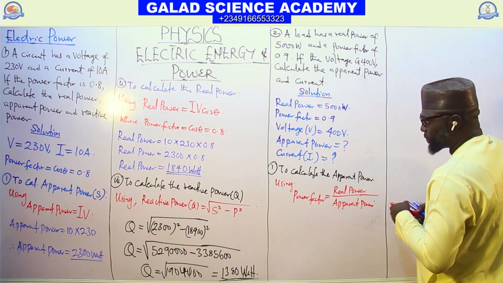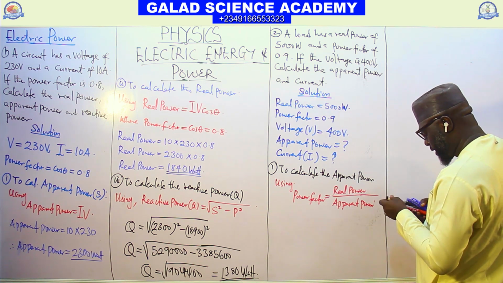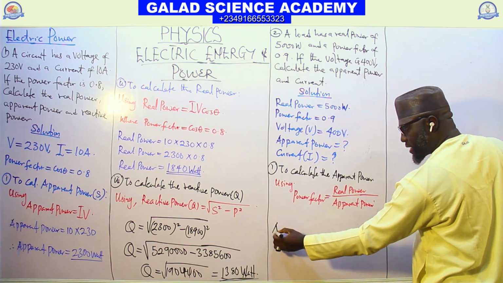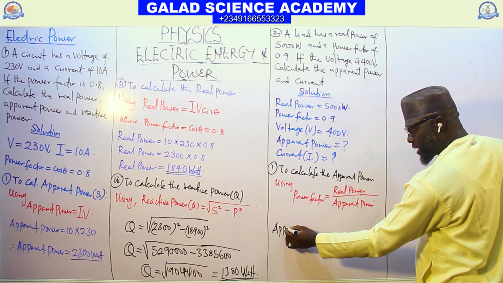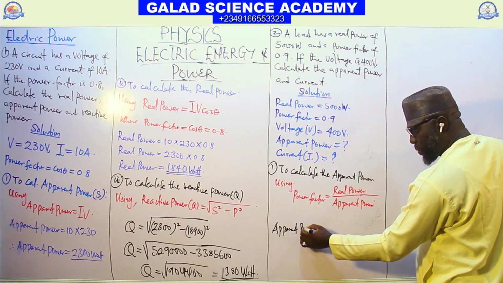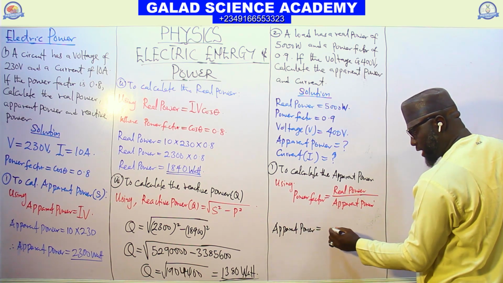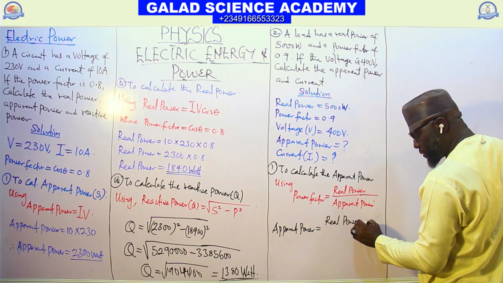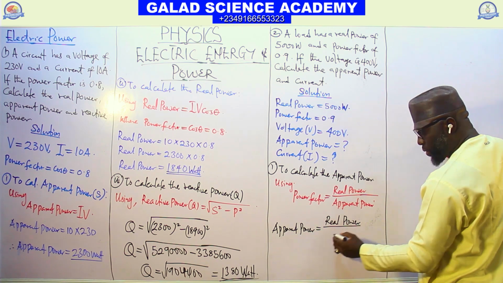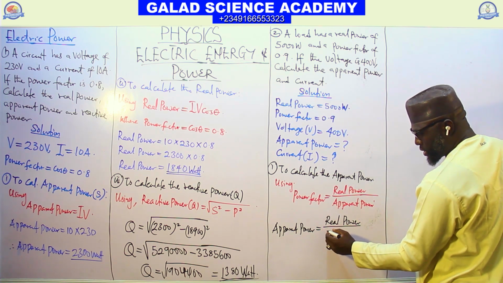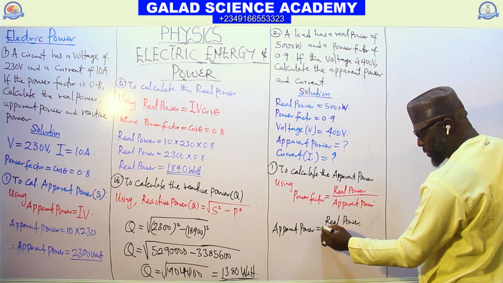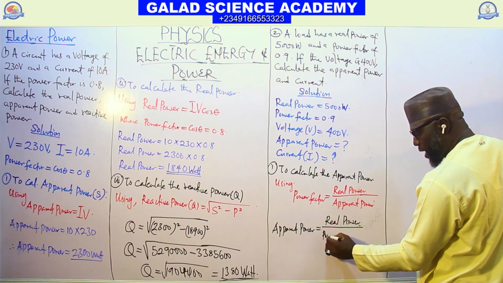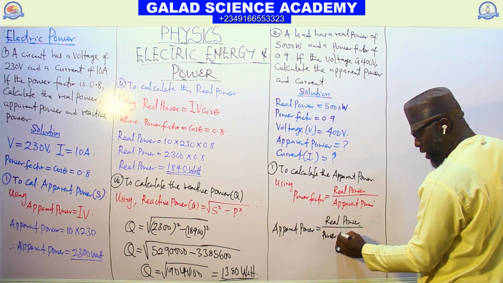From this expression, the apparent power can now be real power over power factor.